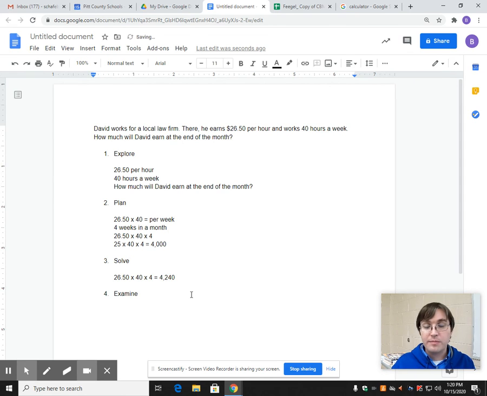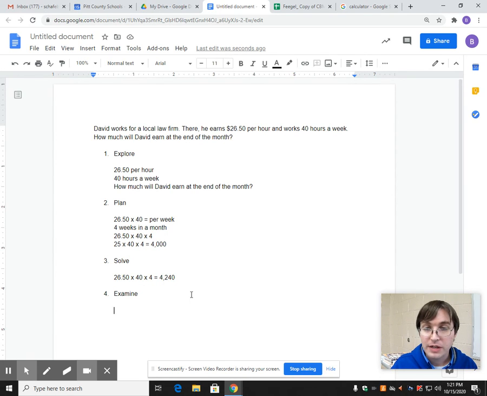The last step, I'm going to examine my solution. I've solved the problem, but have I? Does it make sense? If I think about it, does it actually make sense? Well, the way that I'm going to look at this is I'm going to go back and look at the plan. Did I follow the plan I came up with? Well, yes, I did. What about that estimate that I made? I estimated that rounding the numbers off, he would make about $4,000.